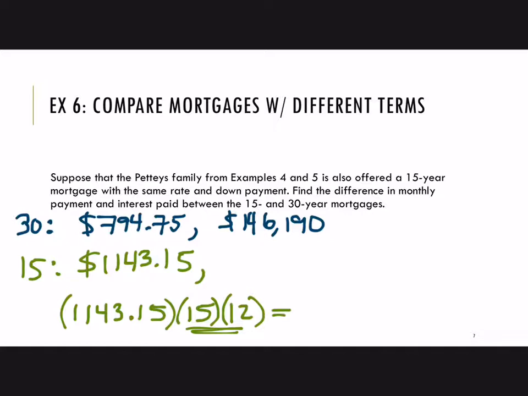When you multiply that, it gives $205,767. Then subtract the principal, $139,920, and this should tell us the amount of interest that they paid.